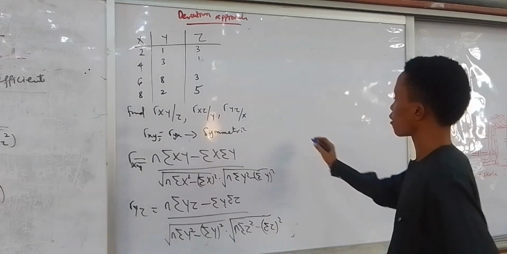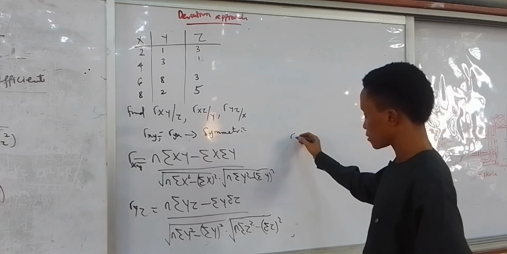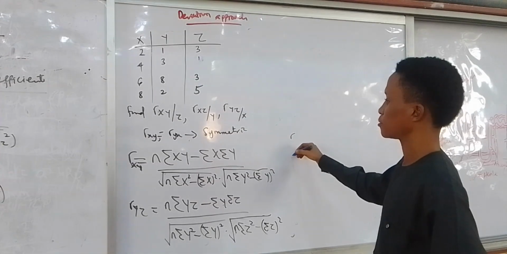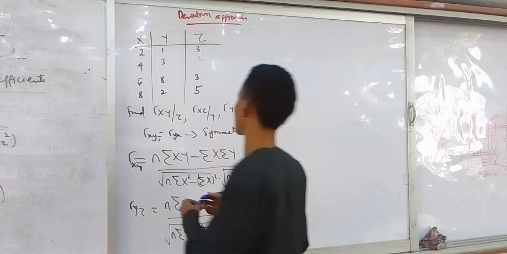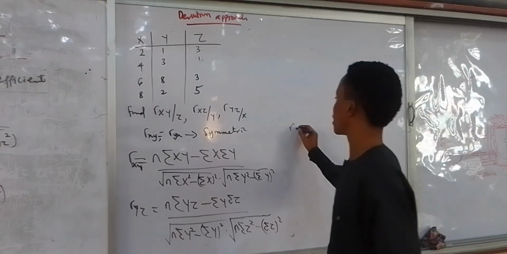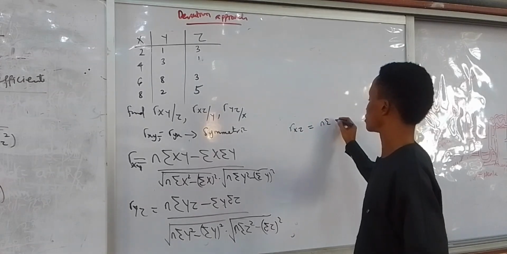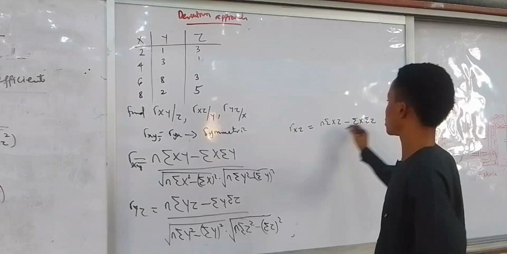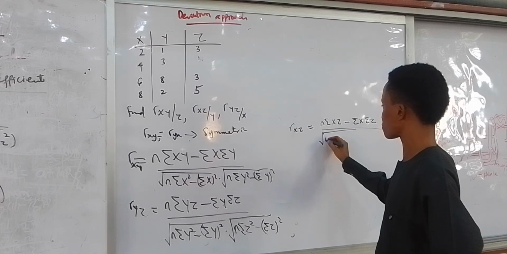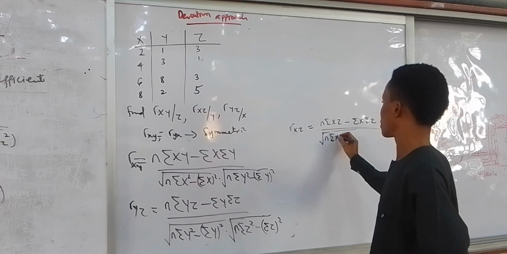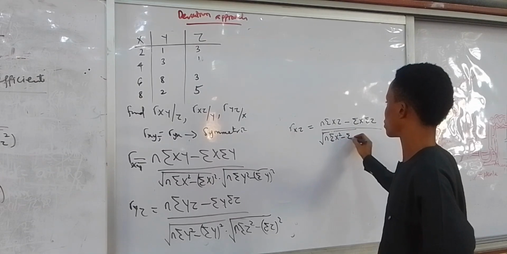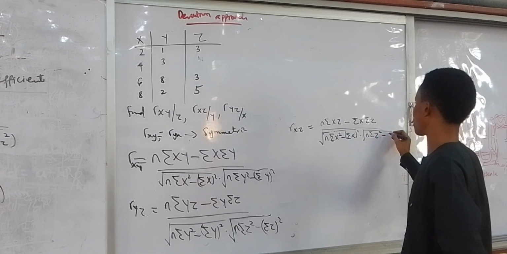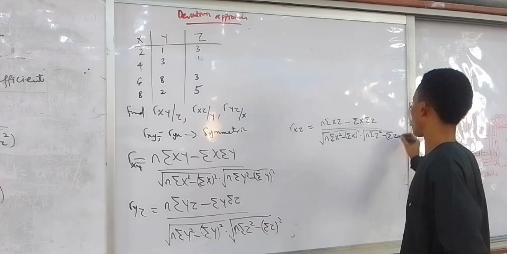That is for ryz. The last one is rxz. That will be n summation xz minus summation x summation z, over the square root of n summation x squared minus summation x raised to 2, multiplied by n summation z squared minus summation z all raised to 2.